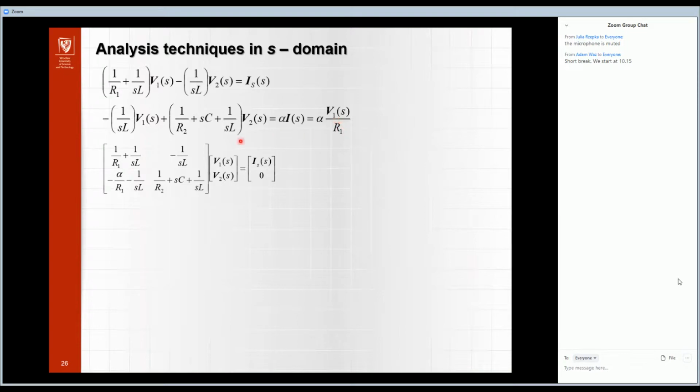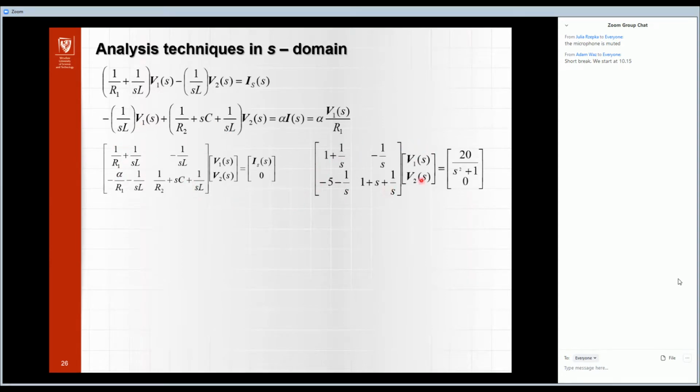And now, because the controlled current source is controlled by voltage V1, I moved this component from the right part to the left part, because I have here the relation connected with V1. So here alpha by R1 appears in the matrix, of course with minus, because I moved it from this side to this side.